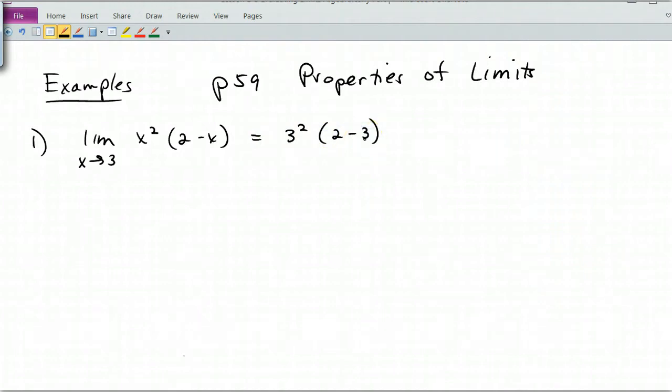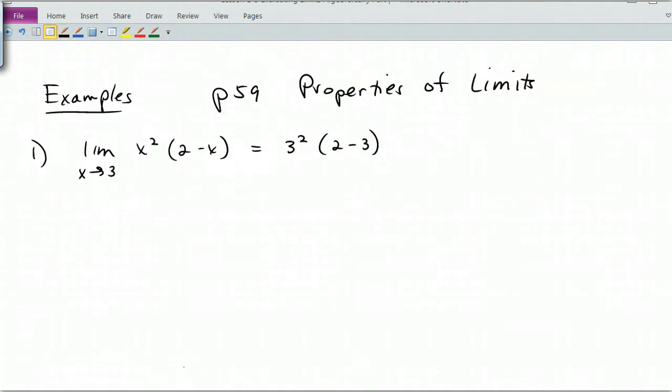Now the properties of limits say that if you have the product of two functions, the limit is the product of the value of each one. So it would be 9 times -1 equals -9. So you just substitute in, multiply it, and that's the limit. On that function, it's actually a cubic. When x equals 3, y is -9.